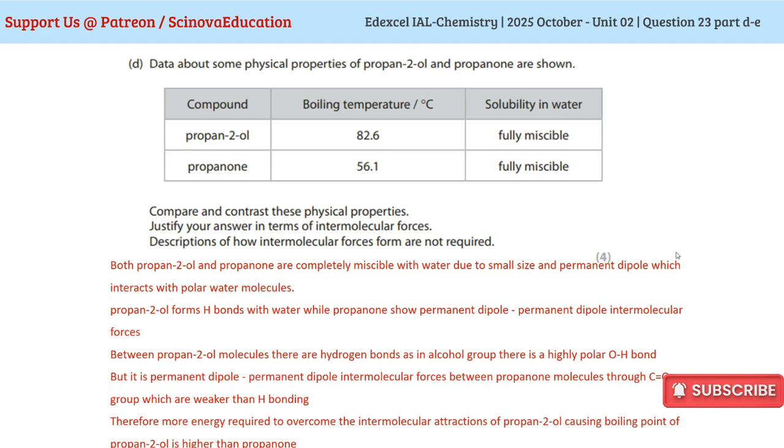Therefore, as expected, the boiling temperature of propan-2-ol is higher because more energy is required to overcome the intermolecular attractions between propan-2-ol molecules compared to propanone. Therefore, the boiling point is higher in propan-2-ol compared to propanone.